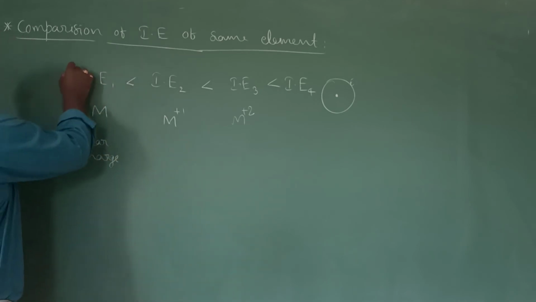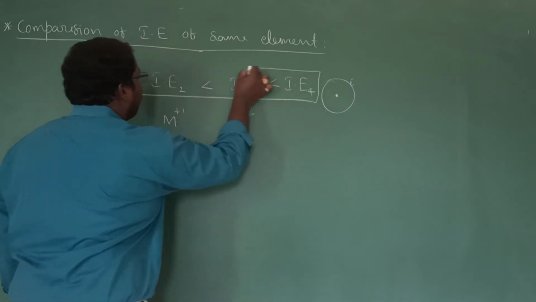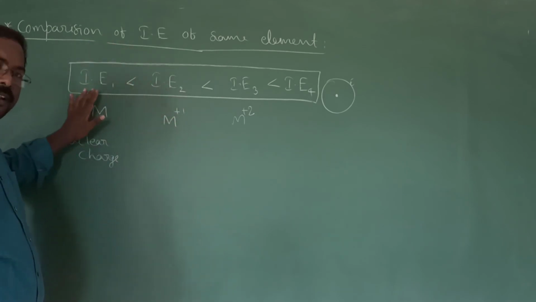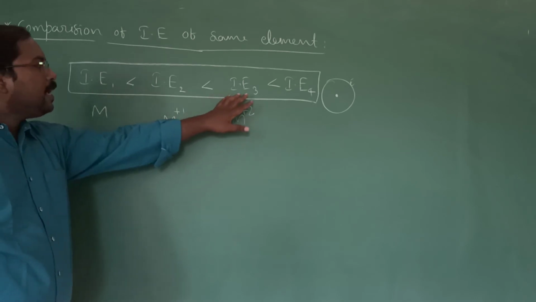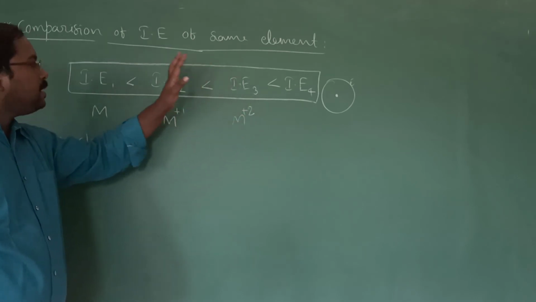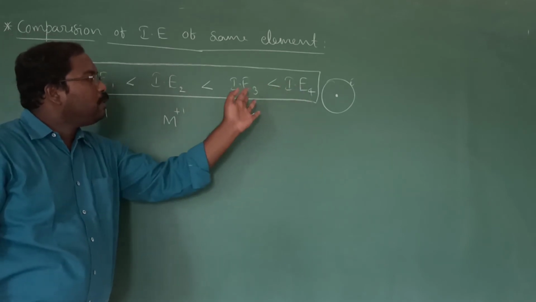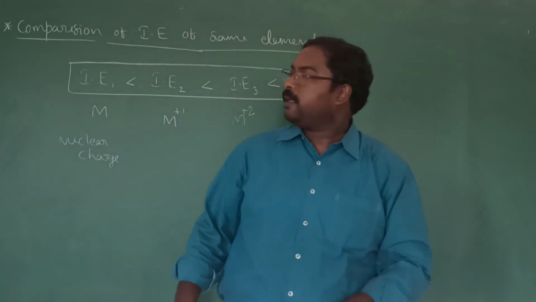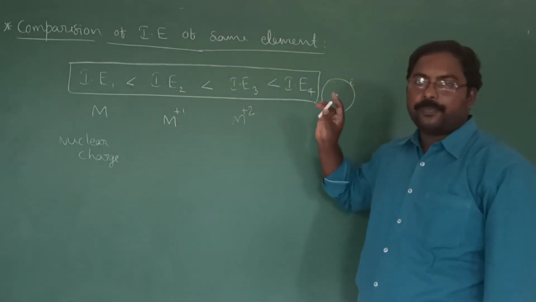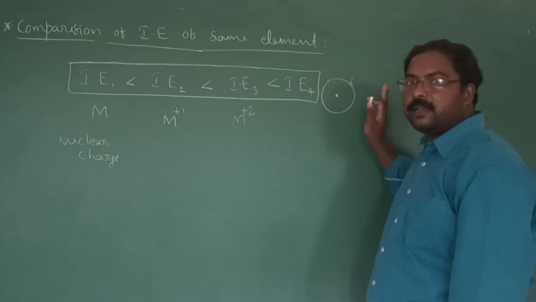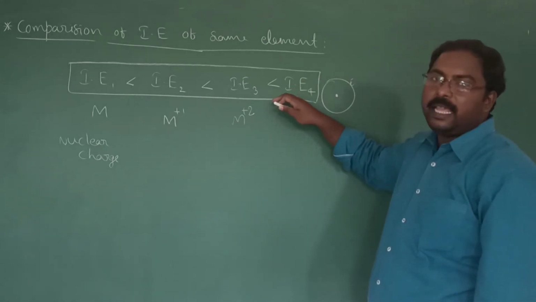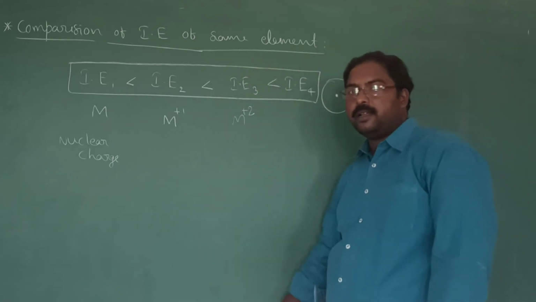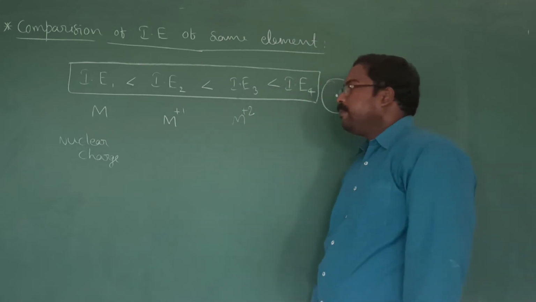So for any atom, the second ionization energy is more than the first, the third is more than the second, the fourth is more than the third. No exceptions, and in any element this order is the same. If they ask, IE5 will be greater than IE4, and the sixth ionization energy is more than the fifth, like that. Note this.